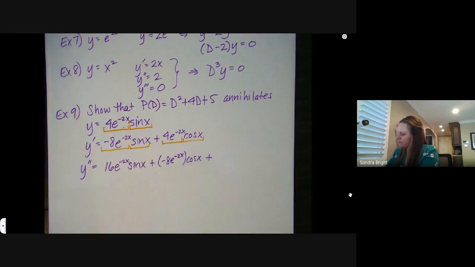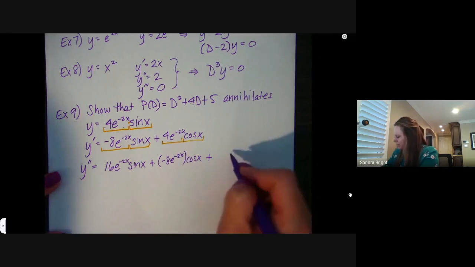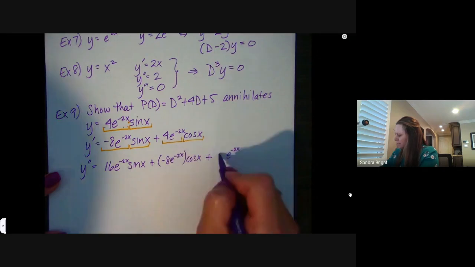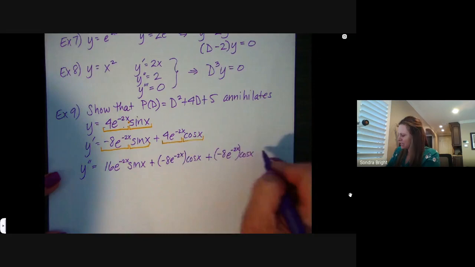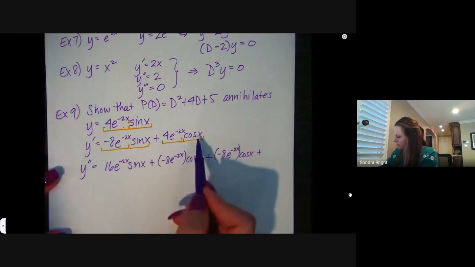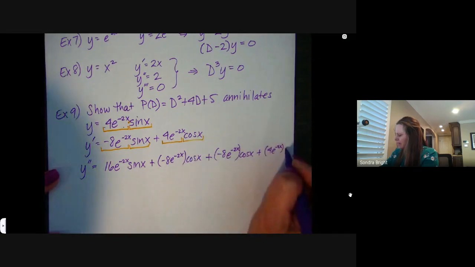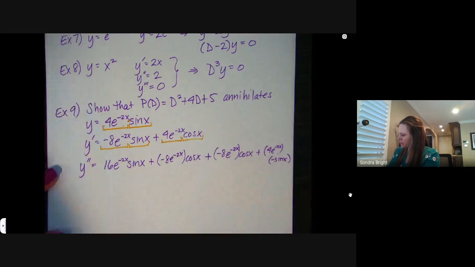So derivative of 4e to the negative 2x, it'll be e to the negative 2x, but times negative 2, so that's a negative 8 e to the negative 2x times cosine of x, plus derivative of cosine is negative sine, so that'll be a 4e to the negative 2x, and then I ran out of room, sorry, times a negative sine of x. Just so that my parentheses don't confuse you.